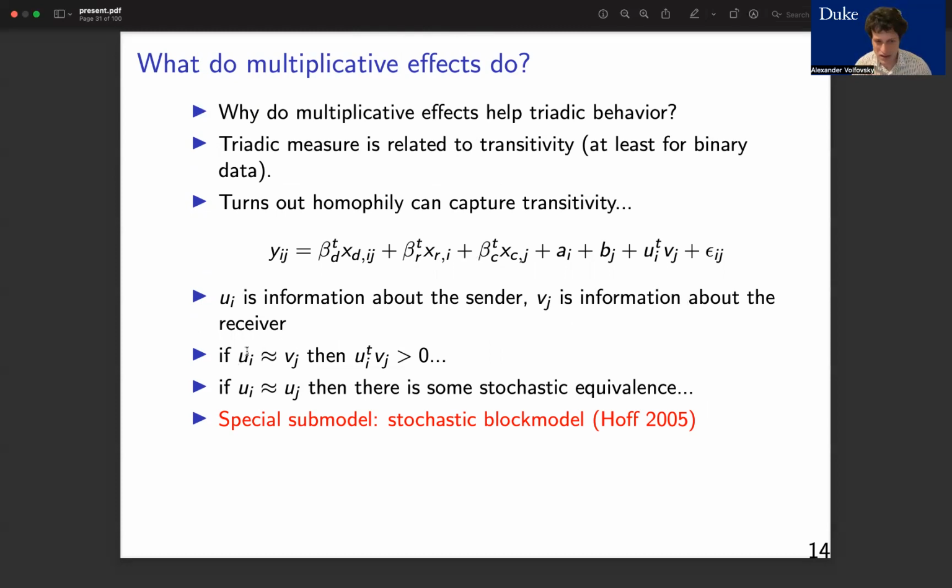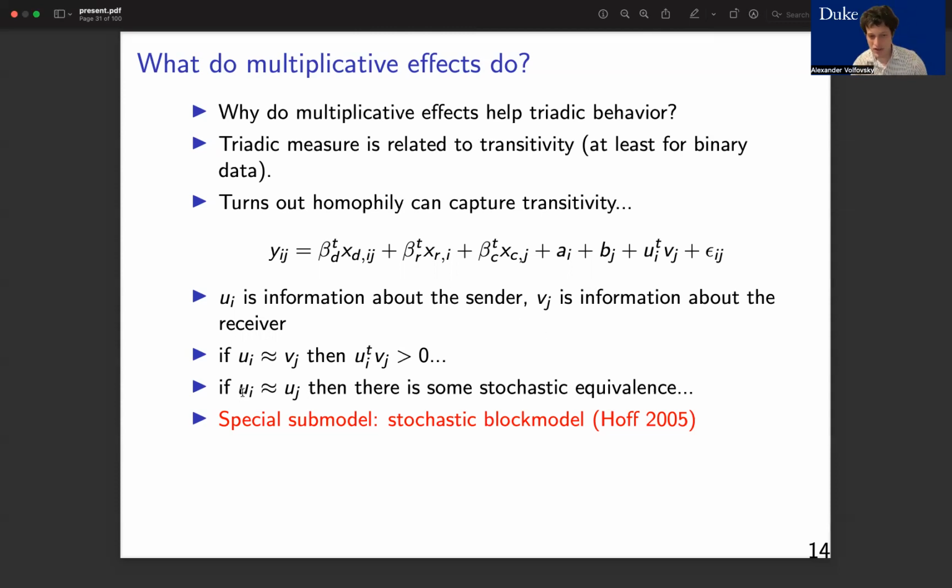And so it's clear that if UI is approximately equal to VJ, it doesn't matter if UI is negative or positive, because we can think about them living in a large high dimensional space. But if they're about the same, then you know that UI transpose VJ, this inner product, is going to be positive, which is going to necessarily increase the frequency of interactions, or the measurement of the interaction, between I and J.